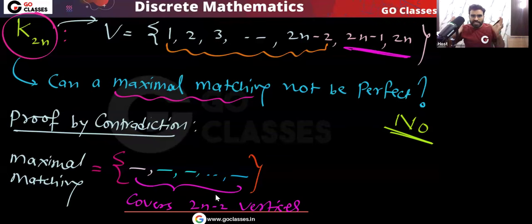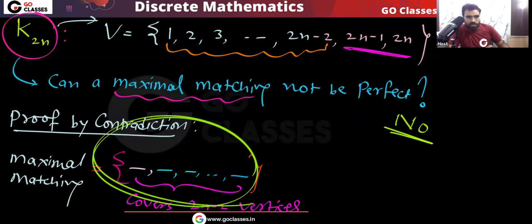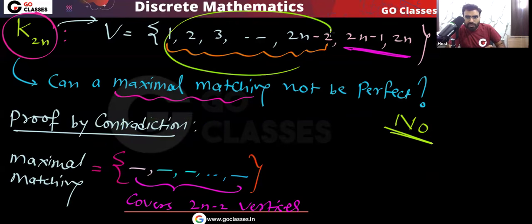If you have a matching of size k, then it will cover 2k unique distinct vertices. If you have a matching of size 10, it will cover 20 distinct unique vertices. Every matching of size k covers 2k unique distinct vertices. So if you assume that this maximal matching does not cover all the vertices, then definitely it covers an even number of vertices.